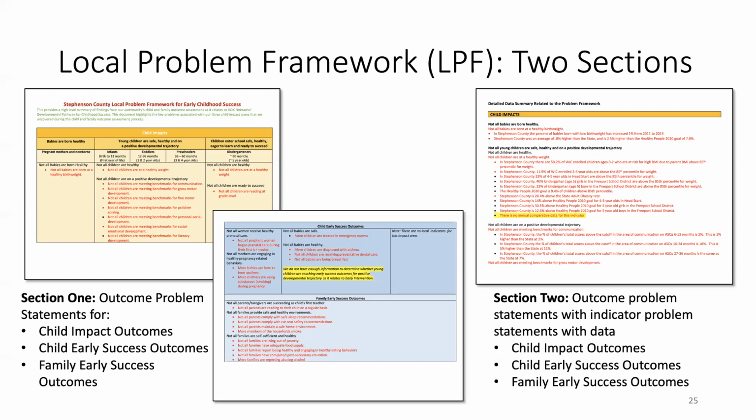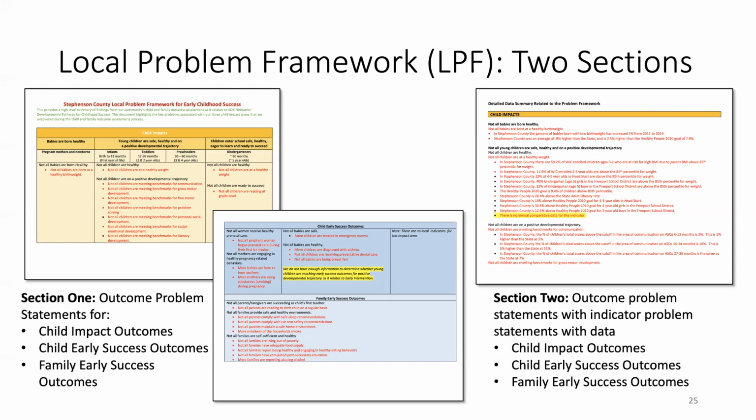So you can see here, for example, under child impacts, not all babies are born healthy is the impact problem statement. And then it says not all babies are born at a healthy birth weight. That was the outcome that we assessed and found it to be a problem. So we turned it around into a problem statement.